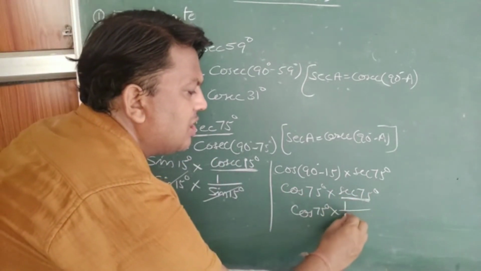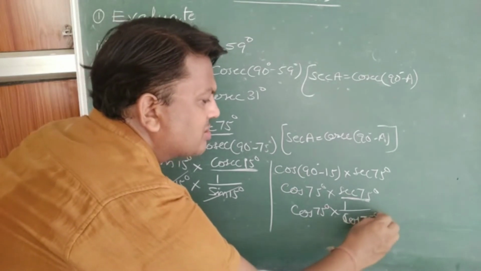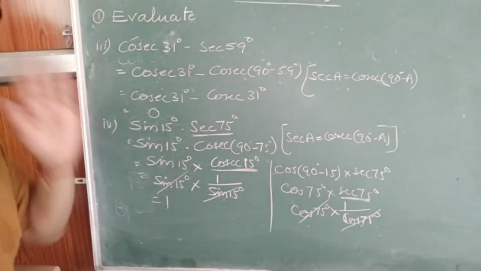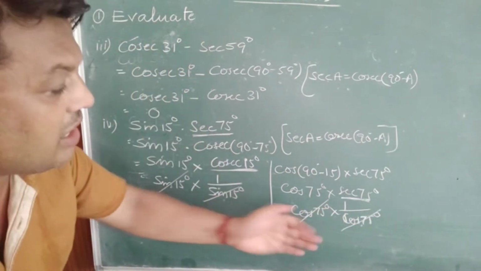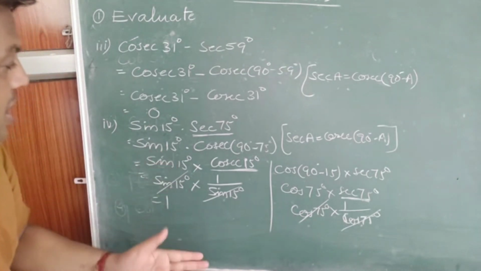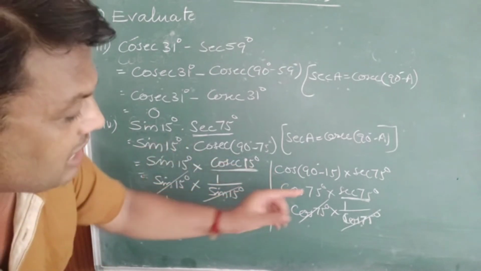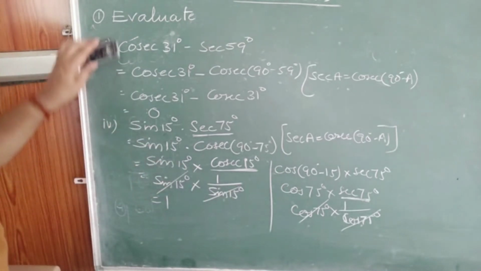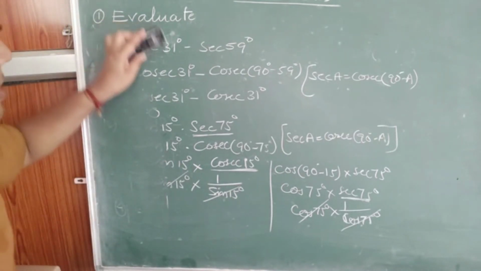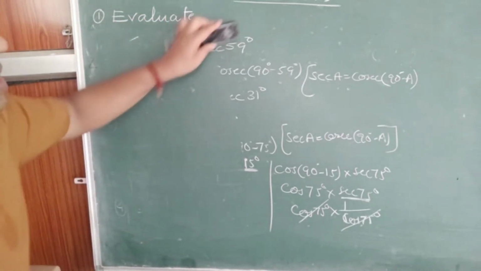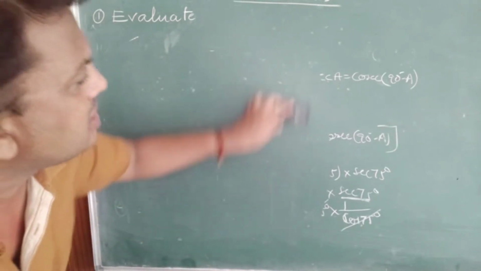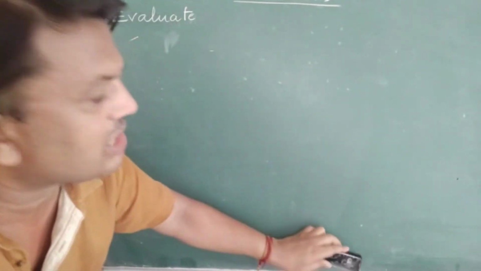Sec theta is equal to 1 by cos theta. Cos 75 cancels. Again you get 1. So children, you can do it in this way or that way. That is not the matter. We should get the correct answer. Process should be correct. If you are moving with the correct process, you are 100% sure to get the answer.